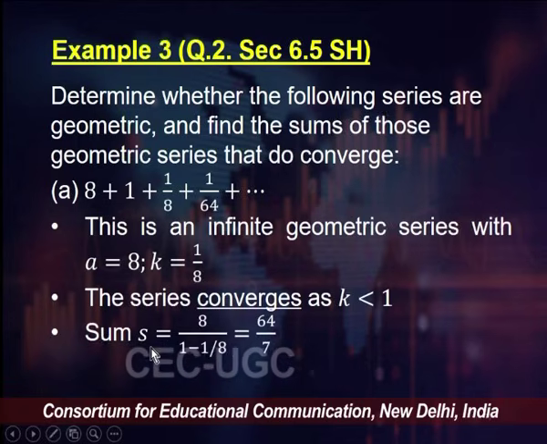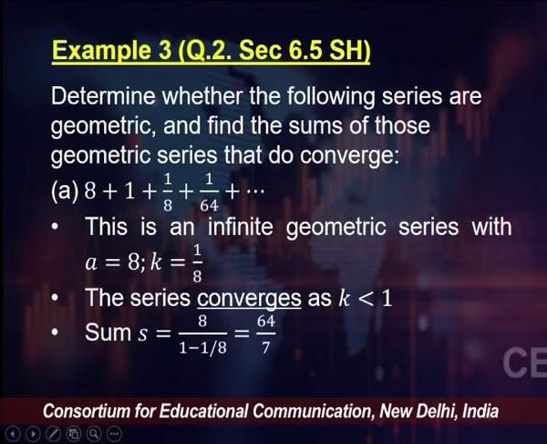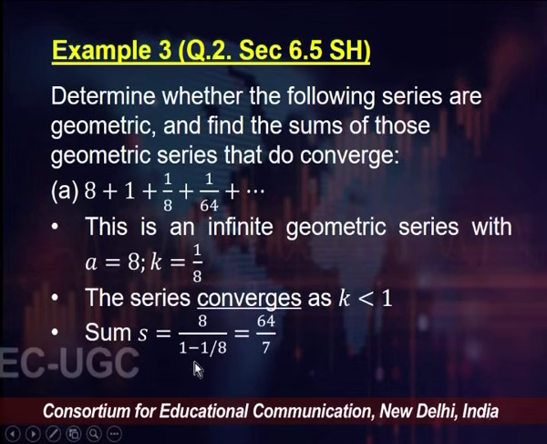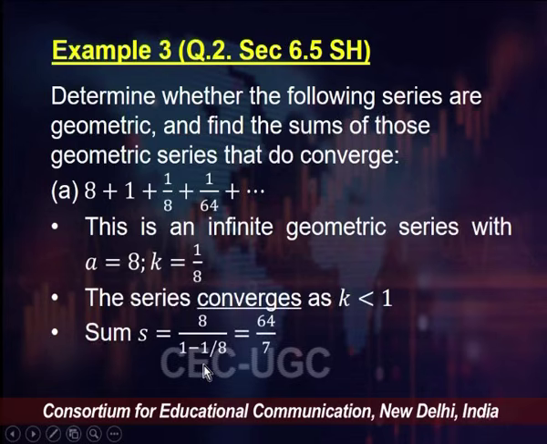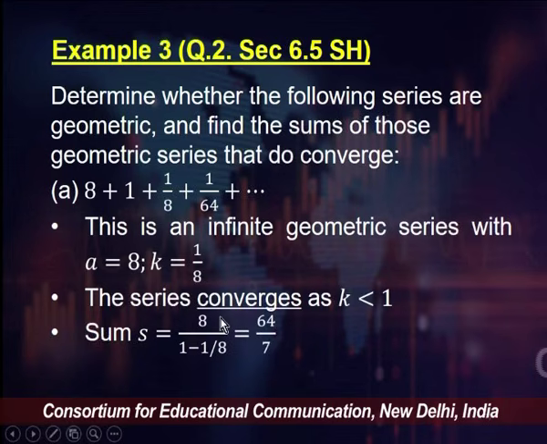So, the sum, which is what we are denoting by s, is given by the first term, which is 8, divided by 1 minus the quotient, which is 1 by 8, and that is nothing but 8, this 8 will go to the numerator, so that will become a 64, and when we take the LCM of the denominator, we will have 8 minus 1 for the portions of the numerator in the bottom part, so that will give you a 7, 64 by 7. That is what the geometric series converges to.